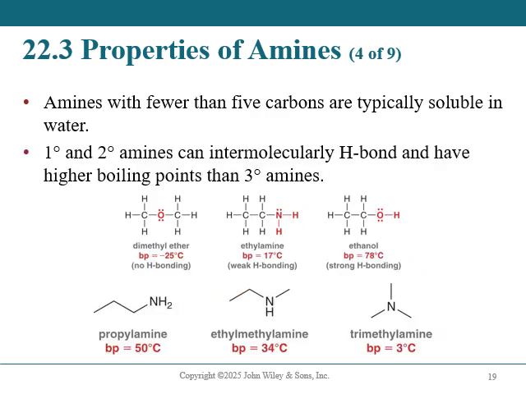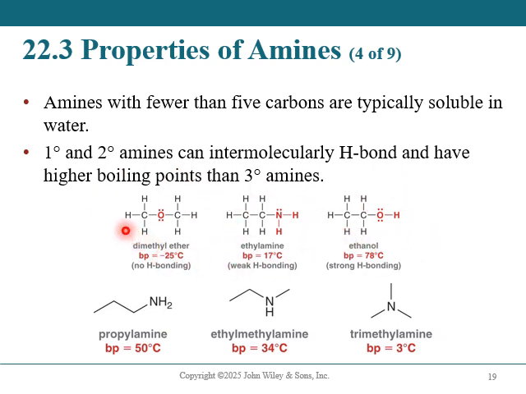Amines with fewer than 5 carbons are typically soluble in water. Primary and secondary amines can intermolecularly hydrogen bond and have higher boiling points than tertiary amines. So that hydrogen bond, I don't think we can overstate how important it is and how determinant it is in physical properties such as boiling points. You can see here, we're comparing a couple of groups, oxygen with nitrogen: dimethyl ether, ethylamine, and ethanol.